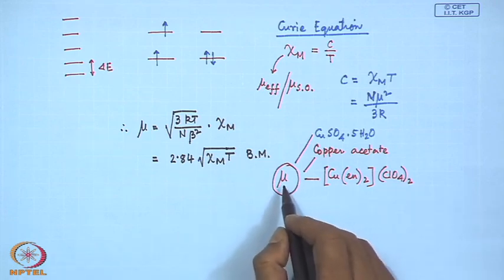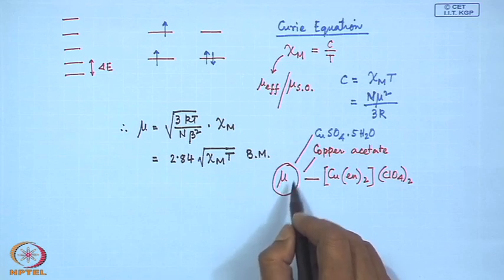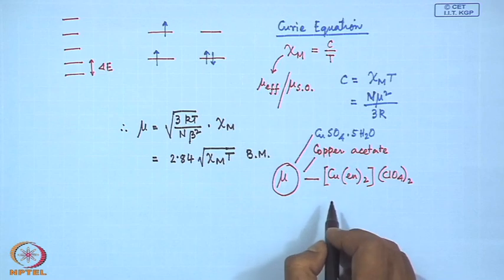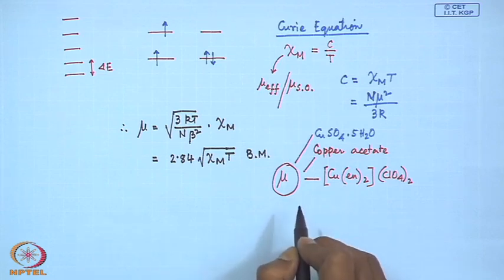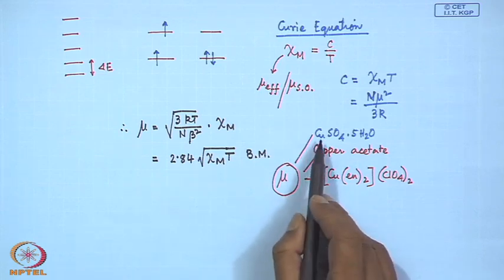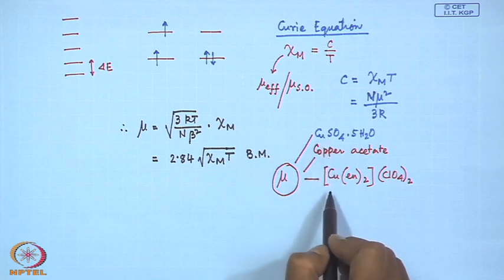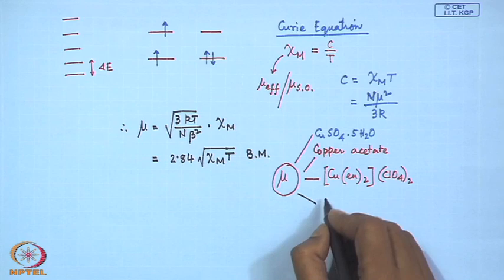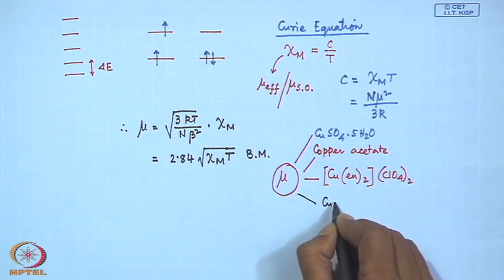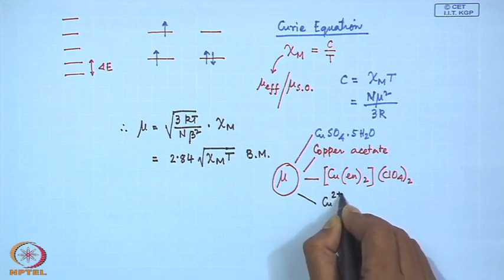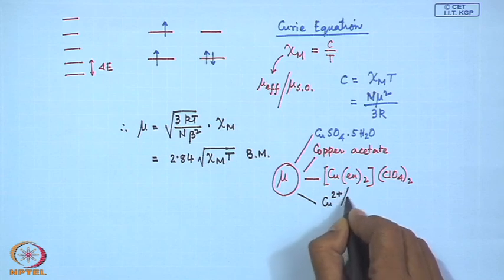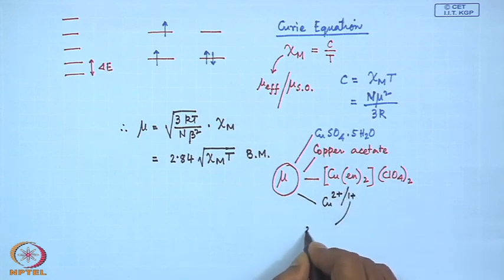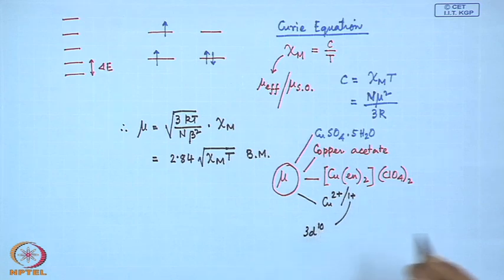So, for these things, we can calculate the corresponding mu value for all these compounds, and that basically tells us the corresponding magnetic properties of these salts, the copper-based salts or the corresponding copper compounds. We can even determine these mu values for the copper ion, 2 plus or say 1 plus, because 1 plus would be diamagnetic, which has a 3d10 electronic configuration.